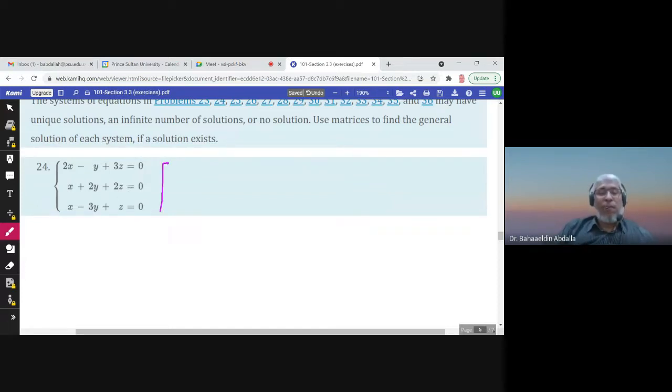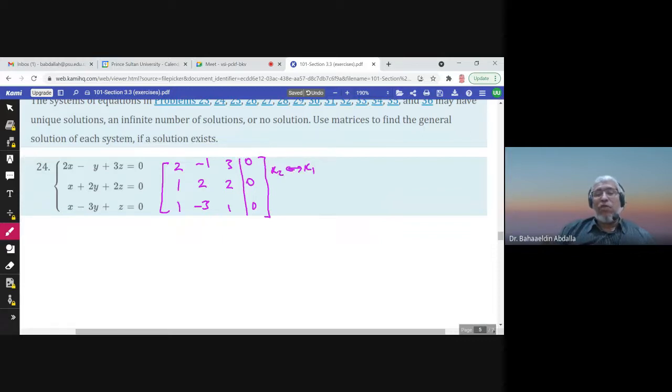Okay. Augmented matrix. And here I have zeros. Well, if I divide by 2, I'll have fractions, so I'll change with the second row.